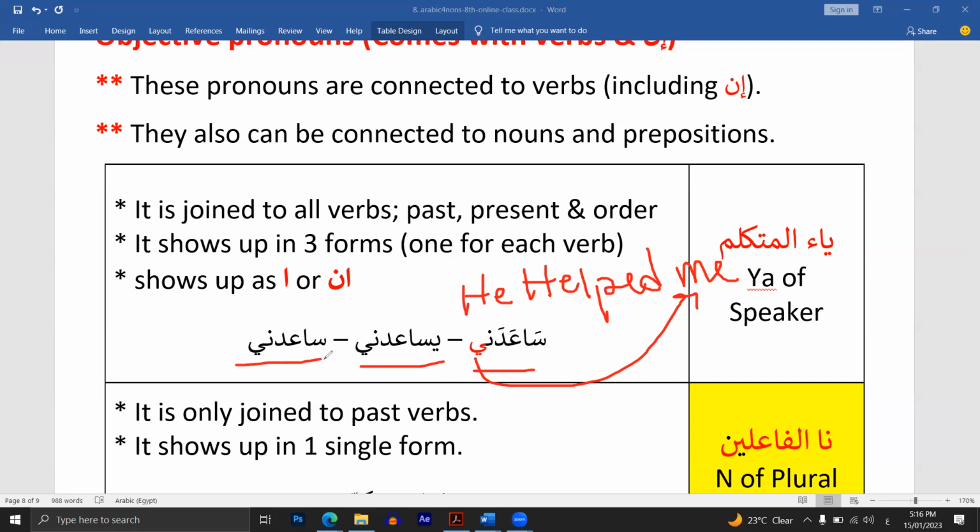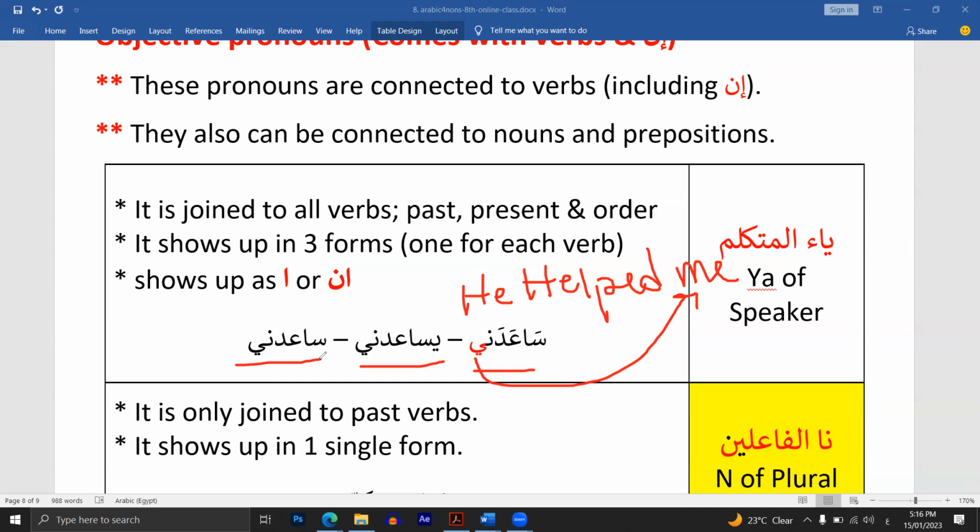ساعدني, if I'm asking someone to help me, please help me. So the command verb or فعل الأمر can be used in 2 situations: in polite request, like in English, and in giving a command. It depends on the situation. If the teacher is talking to a student, definitely it will be command.